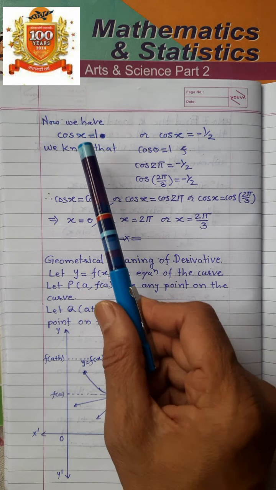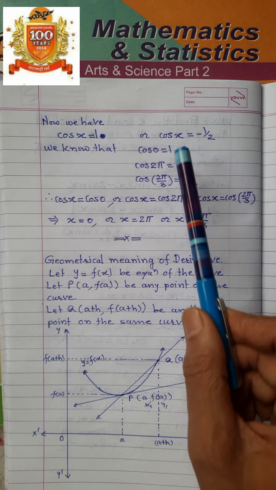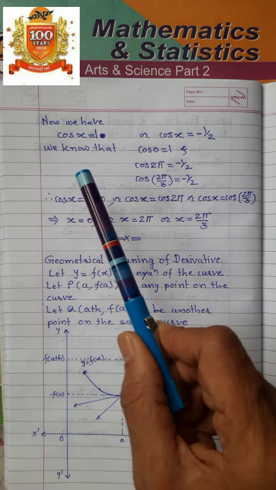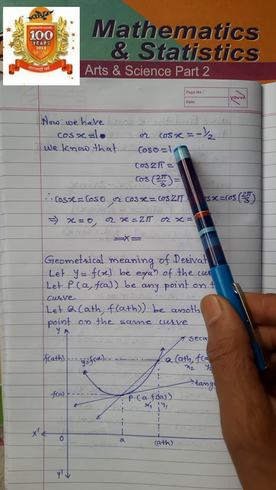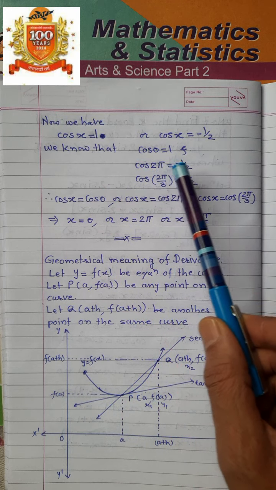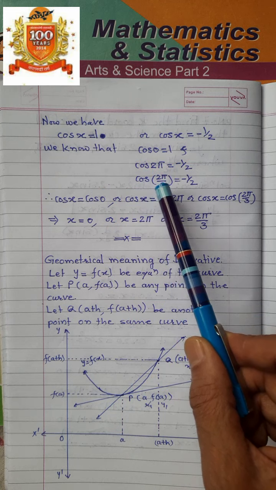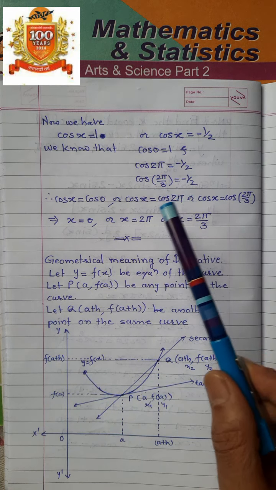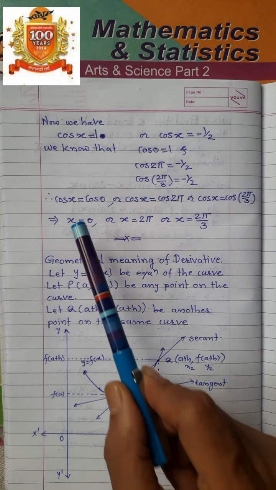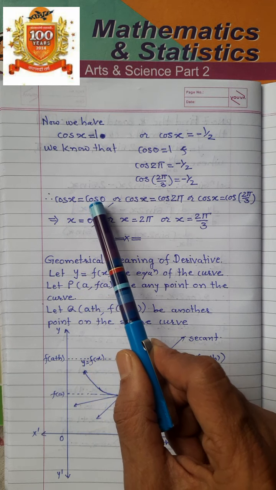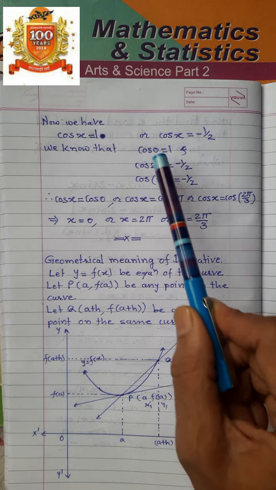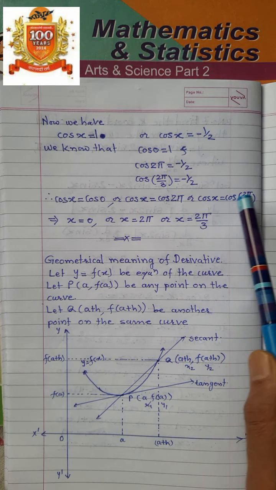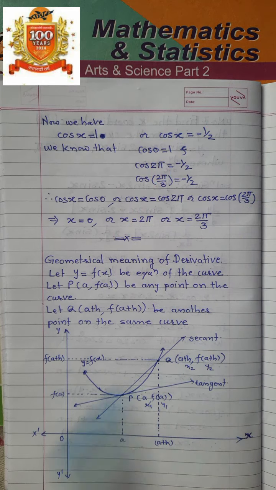Now we have cos x is equal to 1 or cos x is equal to -1/2. Isn't it? Now we know that cos 0 is equal to 1, cos 2π is equal to 1, as well as cos 2π/3 is equal to -1/2. Now we put the values of 1 and -1/2. That is, cos x is equal to cos 0, cos x is equal to cos 2π, or cos x is equal to cos 2π/3.